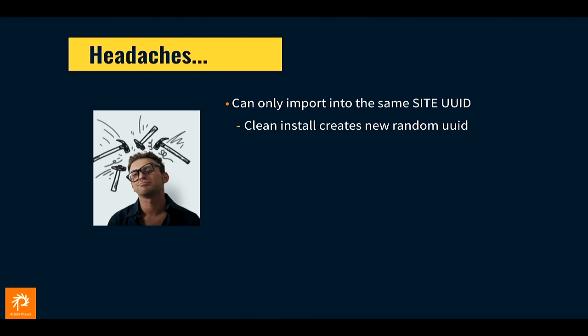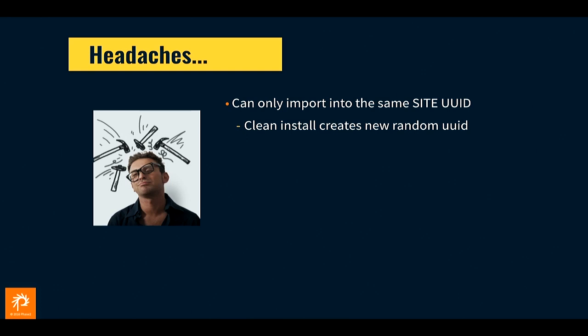So the first thing to understand is something called your site UUID, unique identifier. When you first install Drupal, Drupal is going to create a random UUID, and that is the ID of your site. And it stores that in config. It's in the system.site settings file.